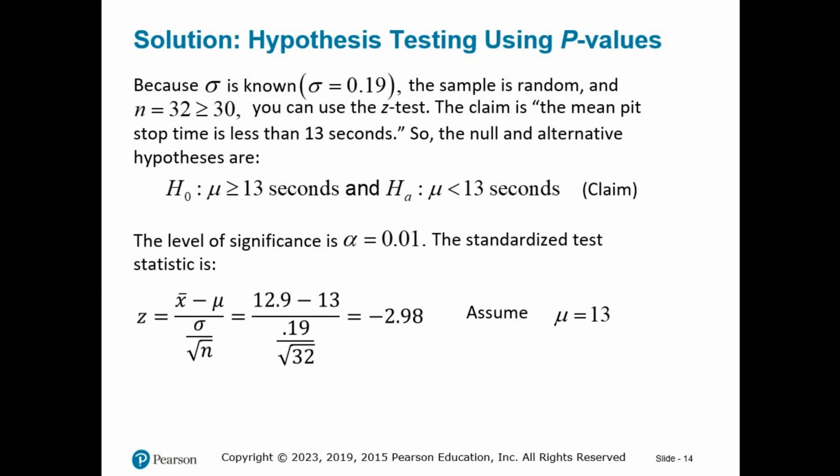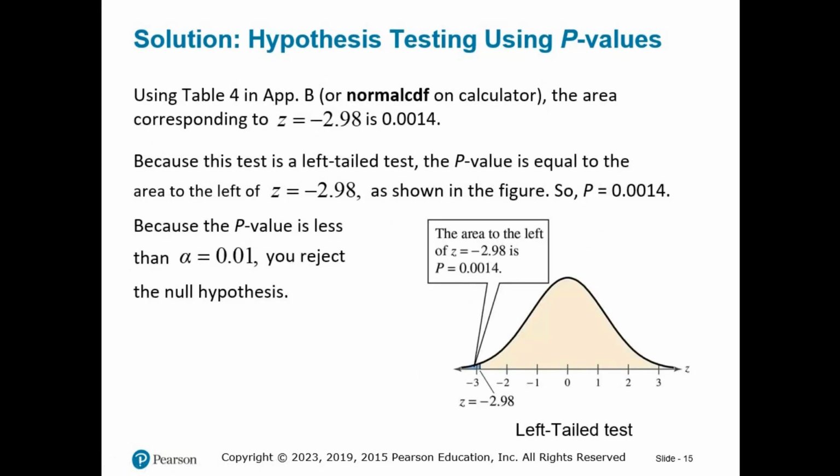Okay, let's develop a graph and see what other information we can glean from this. Because less than is the symbol in our alternative hypothesis, that means we have a left-tailed test. Because it is a left-tailed test, the p-value is equal to the area to the left of z equals negative 2.98, as shown here.